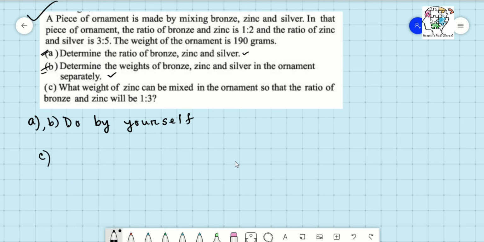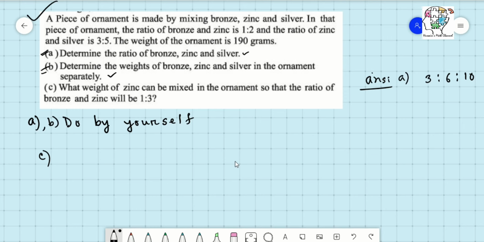So at first we have to know the answers. So I can just write the answer of A. Answer A, which will be actually 3 is to 6 is to 10.